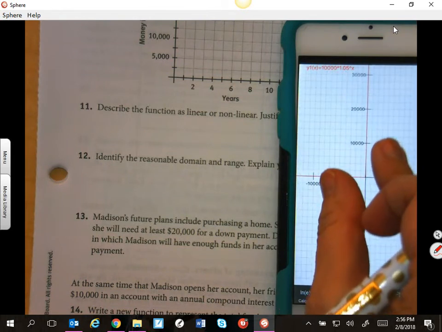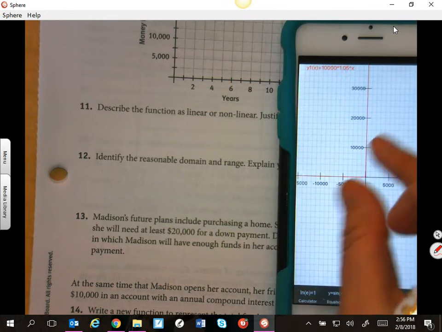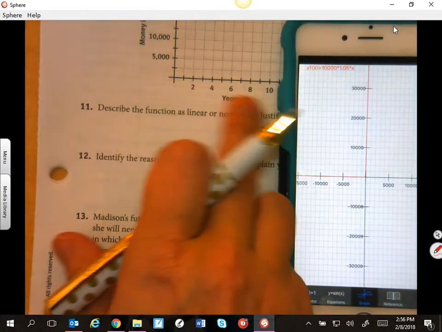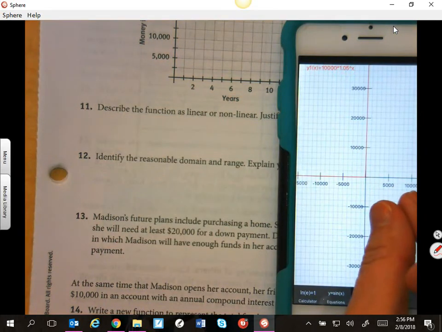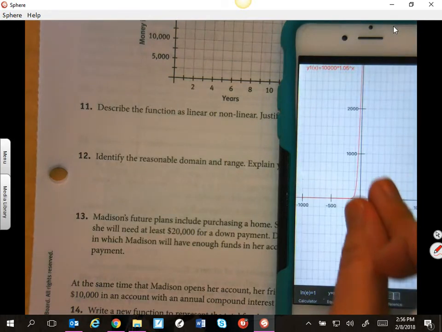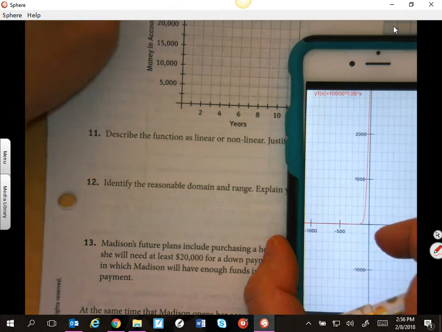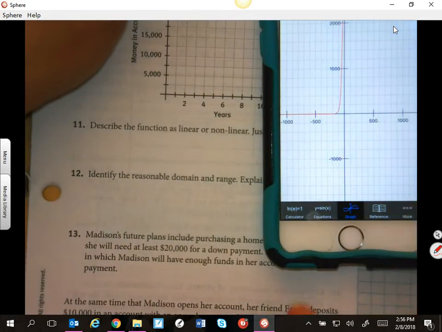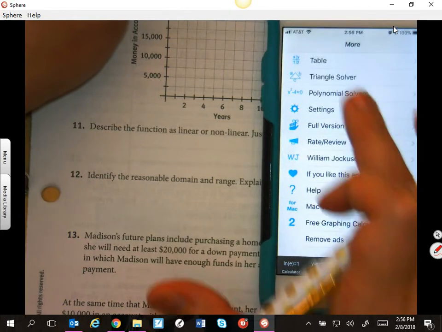But here you can see now this is really close because of our scale. Here's the 30,000, but if you look at our Y scale, or our X scale, that's part of the reason it looks so funky. So in this case, it might be easier just to use our table, but we can go to a table here so we don't have to flip back and forth.